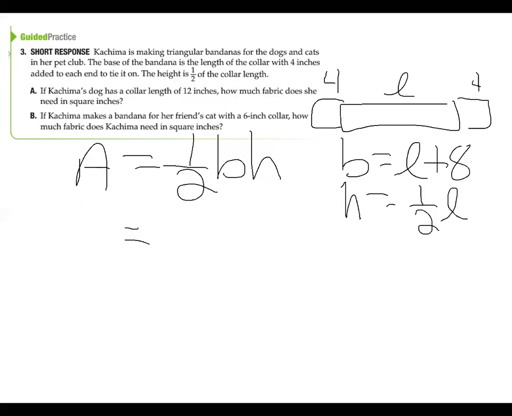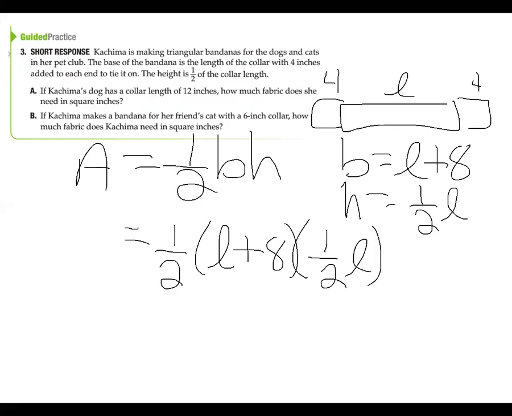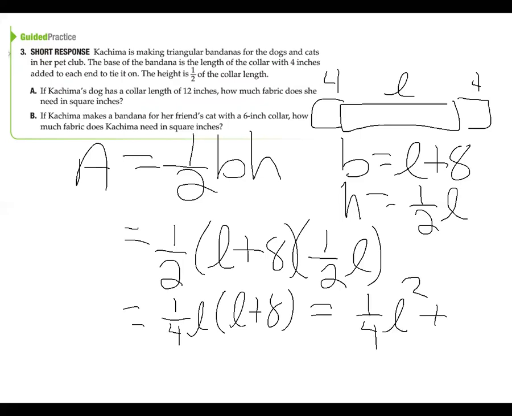So if the base is L plus 8, that would be 1/2 times the quantity L plus 8 times 1/2 L. What you could do is put the 1/2 and the 1/2 L together to get 1/4 L times L plus 8, which would equal 1/4 L squared plus 2L if I distribute there.